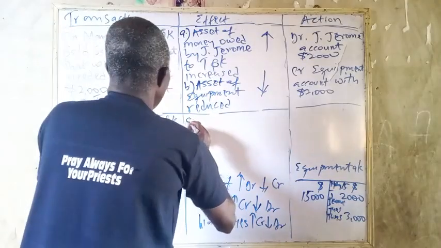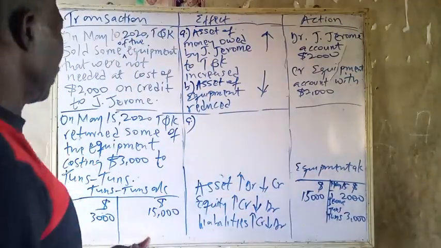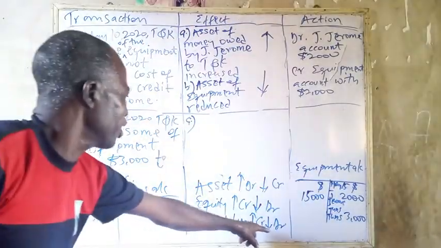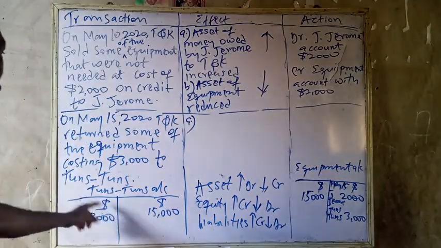So effect A is that, look at it. When a liability decreases, what do you do? You debit. That's a liability decrease.